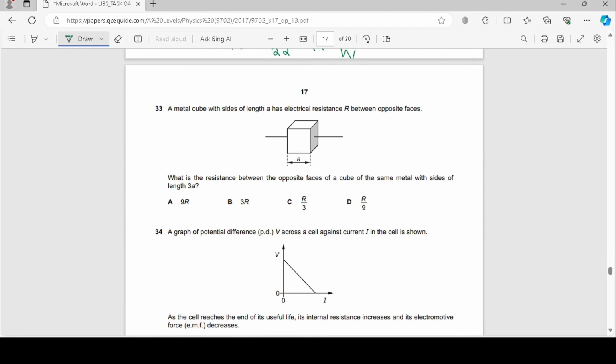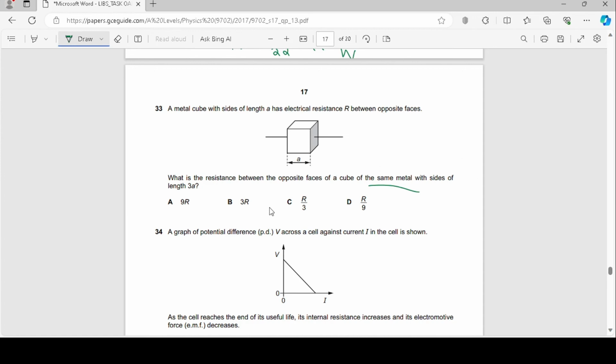So, question 33. A metal cube with sides of length A has electrical resistance R between opposite faces. What is the resistance between the opposite faces of a cube of the same metal with sides of length 3A? Resistance comes from the resistance to the motion of the electrons, because positive ions in the metal collide with the electrons and slow them down.